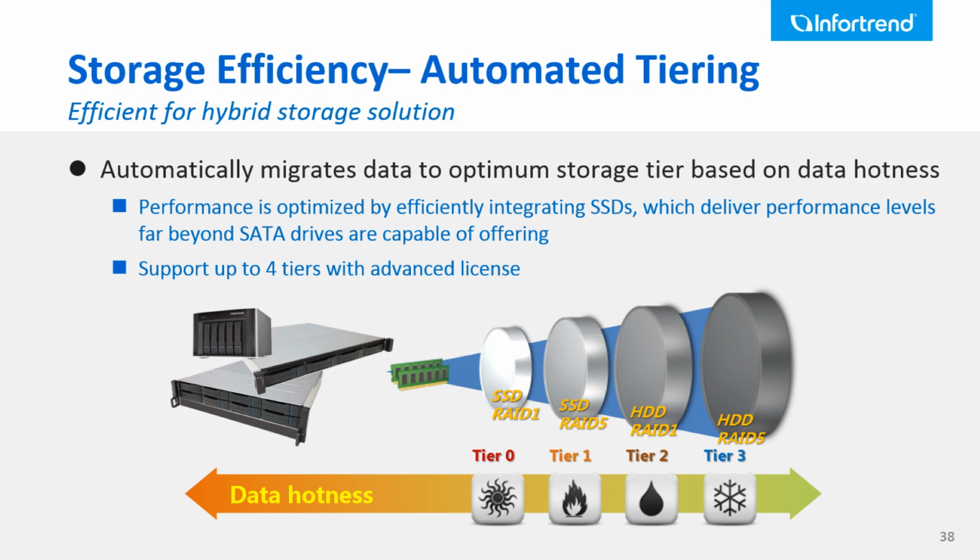I want to mention key factors why you should choose automated tiering from Infortrend. First of all, optimized storage performance and enhanced ROI. Automated storage tiering helps users significantly optimize storage performance and increase ROI. Performance is optimized by efficiently integrating SSDs, which deliver performance levels far beyond what SAS or nearline SAS drives are capable of offering.